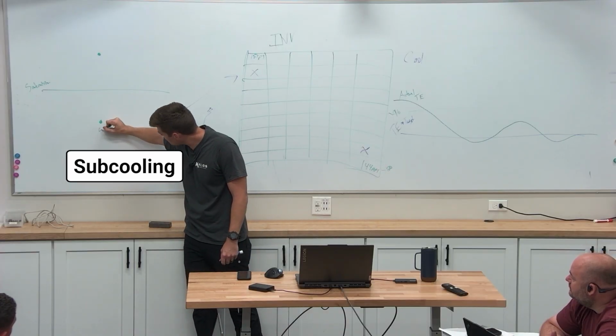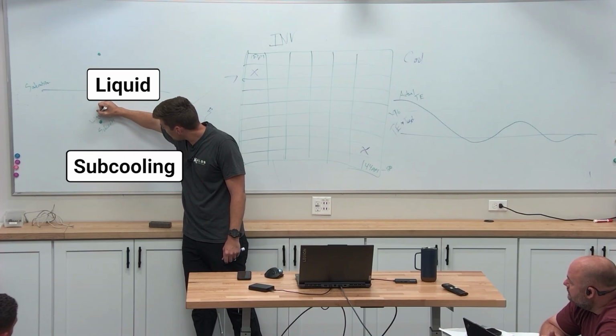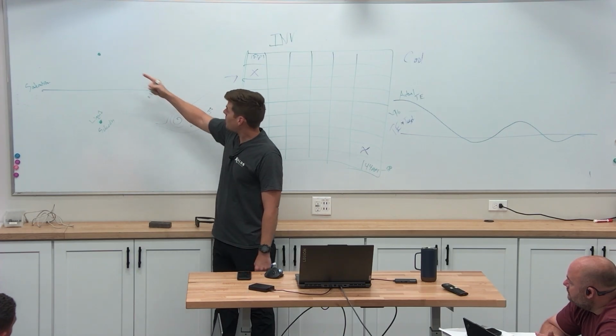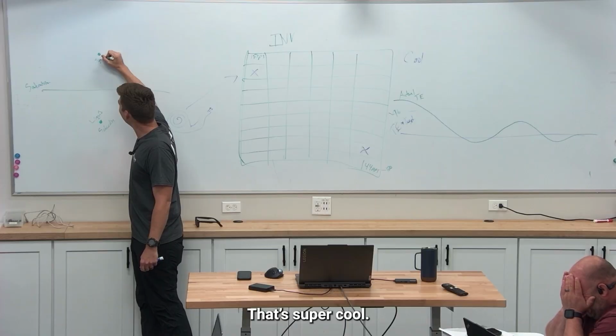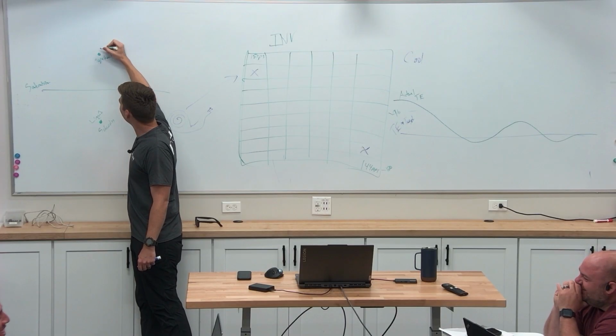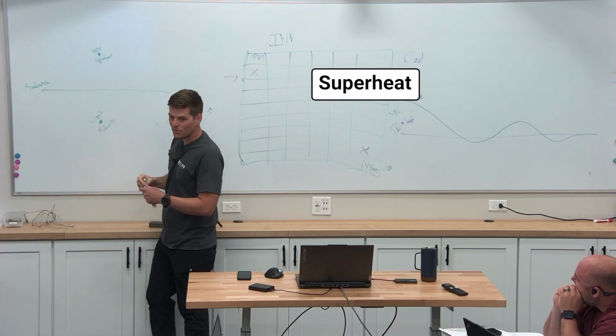Subcool, yes. So this is subcooling, which means it's in what state? Liquid. What about this one up here? Super cool? Not like the point below. Oh, superheat. What state is it in?